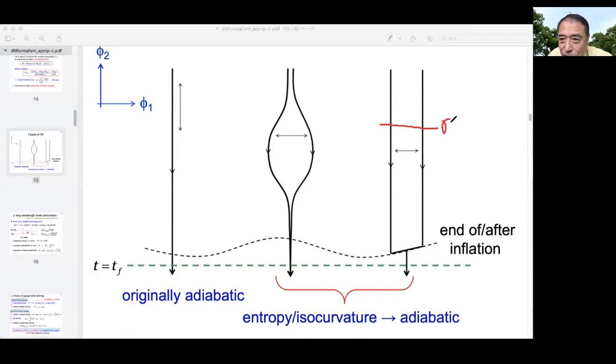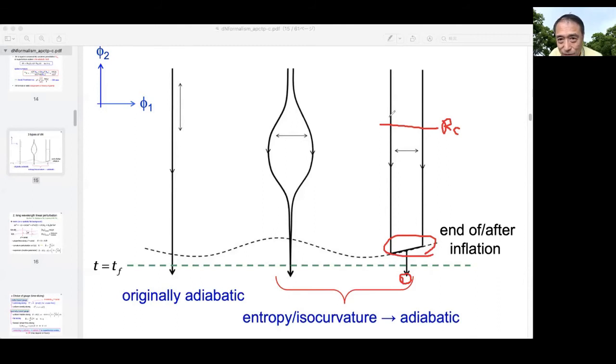But the amplitude of curvature perturbation you computed at this slice has nothing to do with the final curvature perturbation you want to compute, no relation, unless you define how, for example, this isocurvature perturbation is transformed into the curvature perturbation.